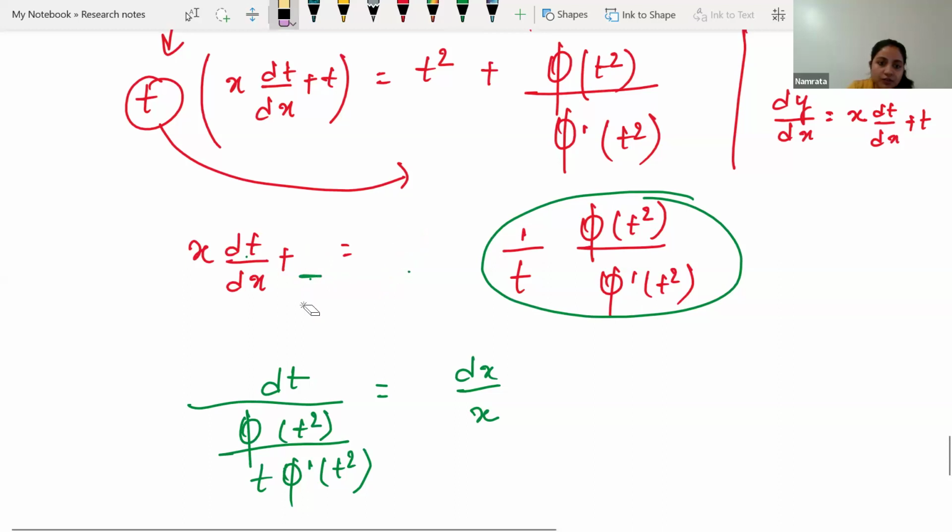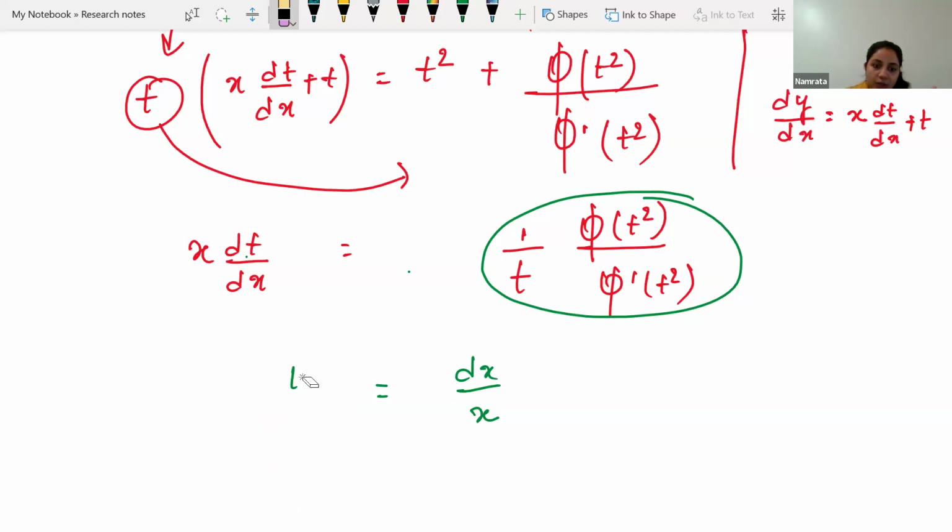We are just having this. Okay, just this we are having, so obviously we can separate it. Dx by x we can write on one side, and on the other side we can transfer everything like this. Whatever is there, the circle part I have just taken and written in the denominator. If this is not making sense to you, then write it in the numerator and denominator the way it will be.